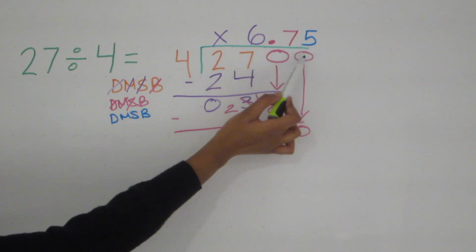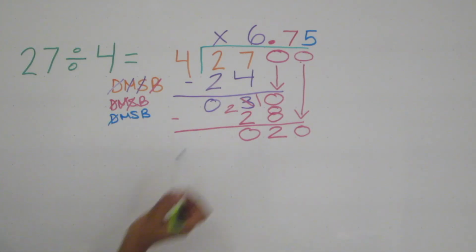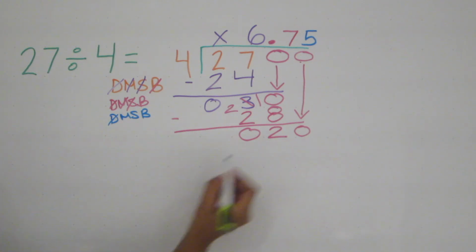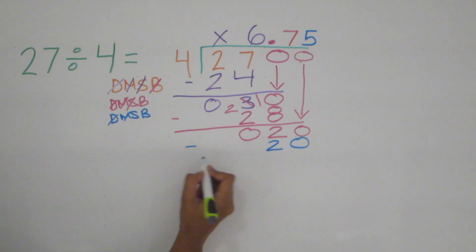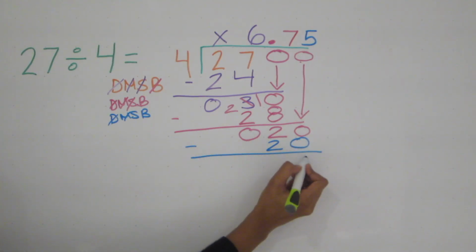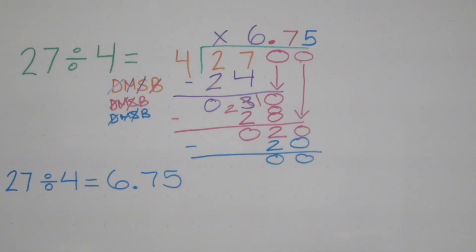So we're going to write the 5 on top of this 0. Division is done. Next is multiplication. 5 times 4 is 20. Subtraction. 2 subtract 2 gives us 0. So 27 divided by 4 is 6.75. And that's it, guys.